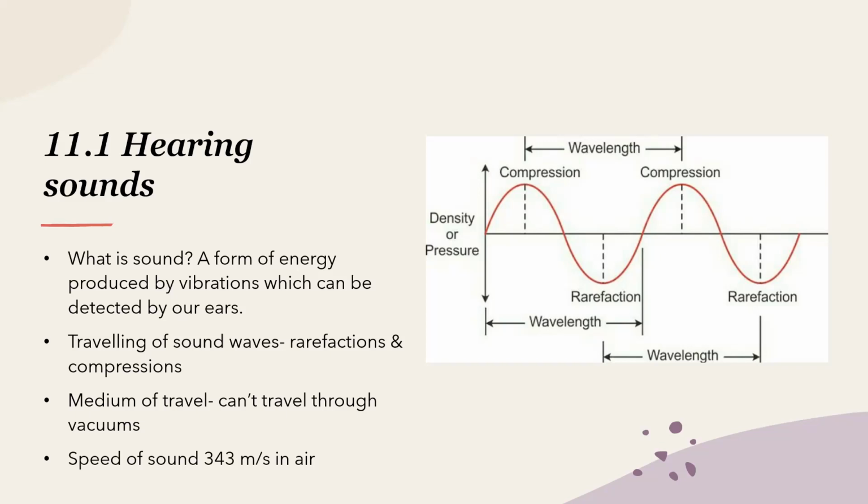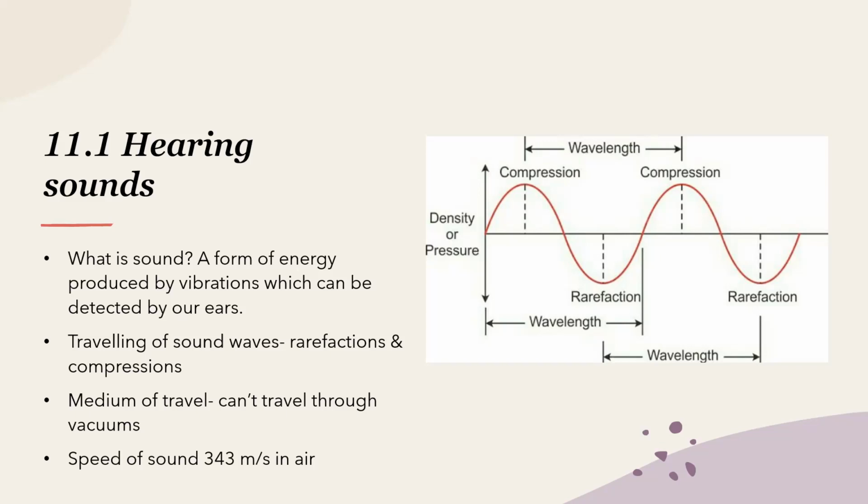And that is because in solids, particles are closely packed together, in liquids particles are a bit farther away, and in gases particles are very far away from each other. So that is why sound travels the fastest in solids.